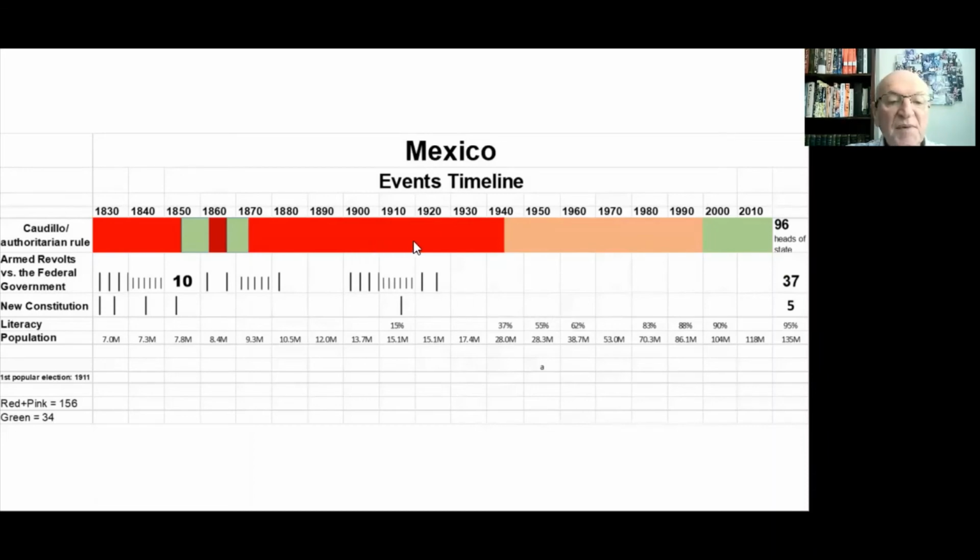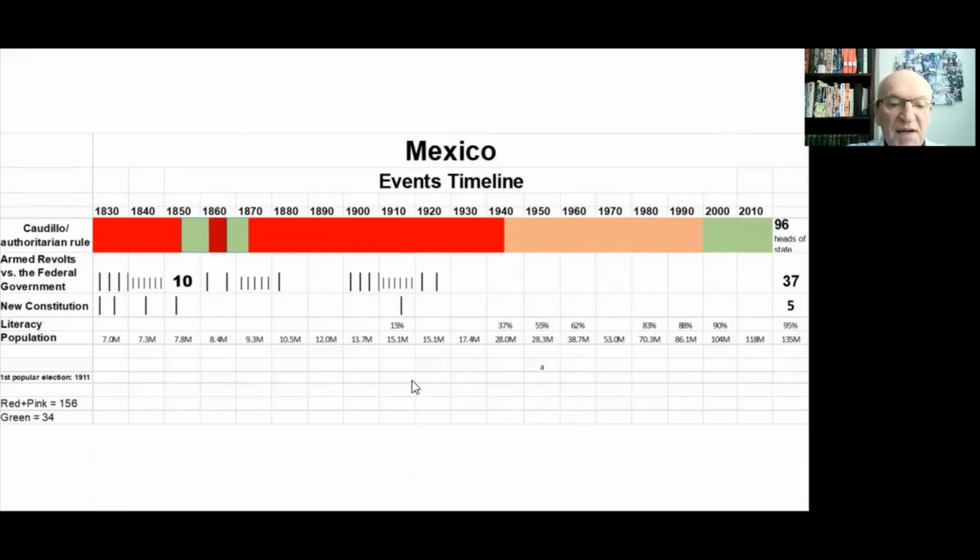But a lot more damage was caused under the Mexican Revolution in the decade of the 1910s. They had a 10-year civil war, and it was really devastating. The estimates are that 2 to 3 million Mexicans died during that internal war.